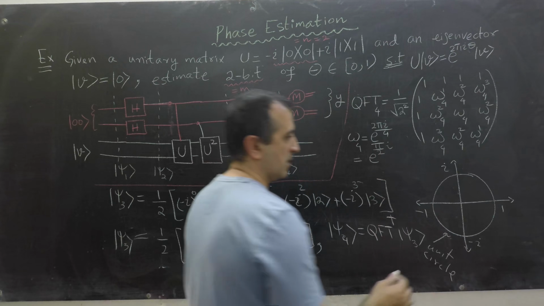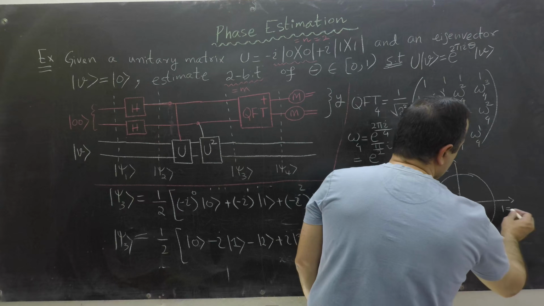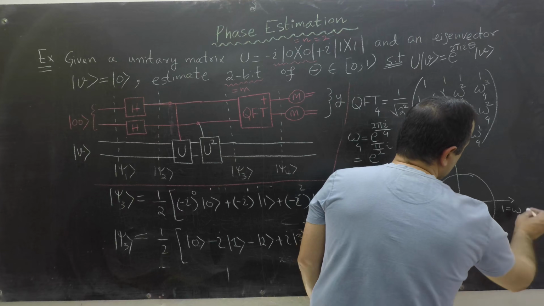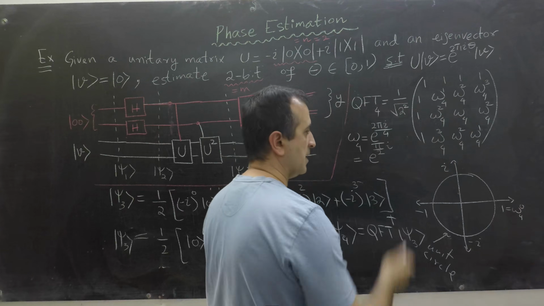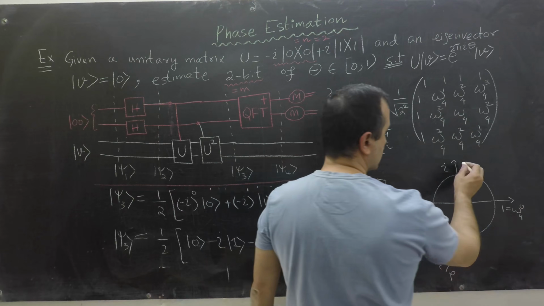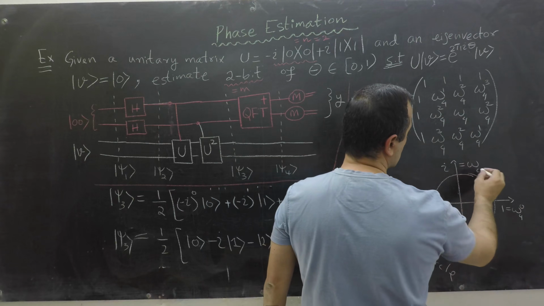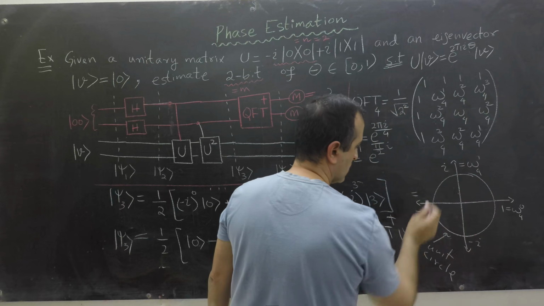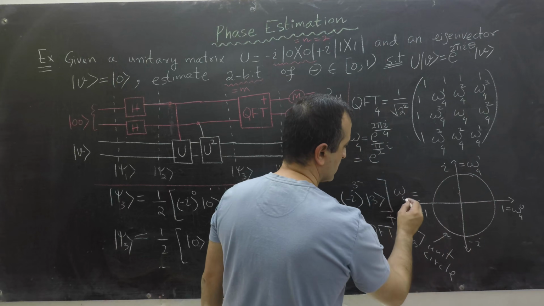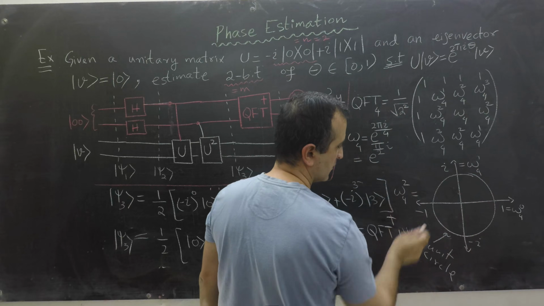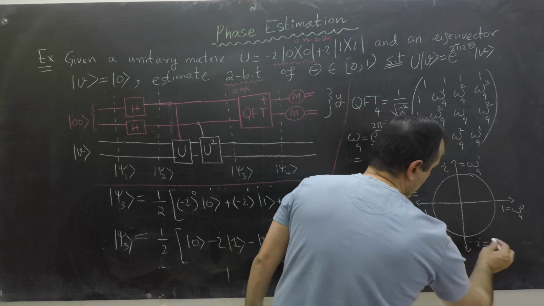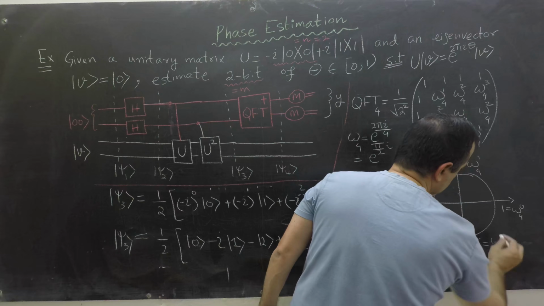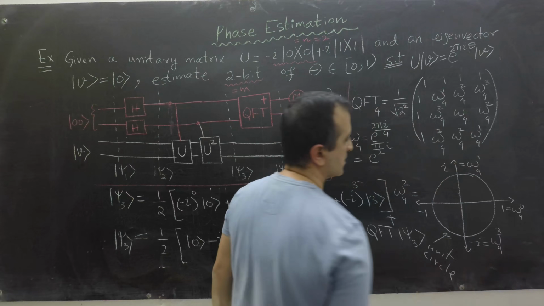So my omega 4 raised to power 0 is here. According to this definition, my omega 4 raised to power 1 is here, omega 4 raised to power 2 is minus 1, and omega 4 raised to power 3 is minus iota.